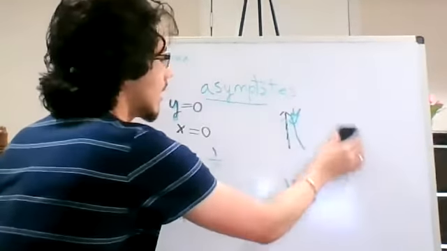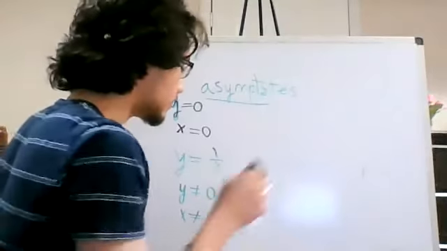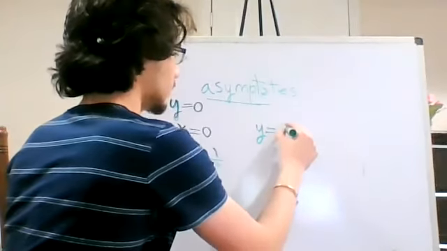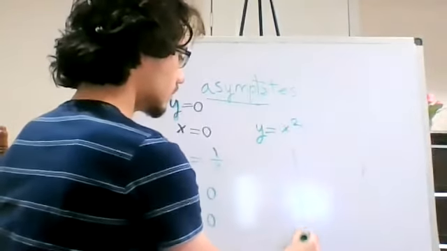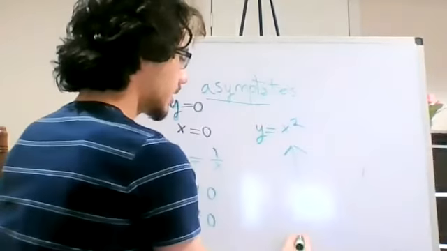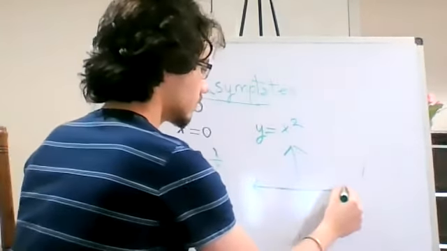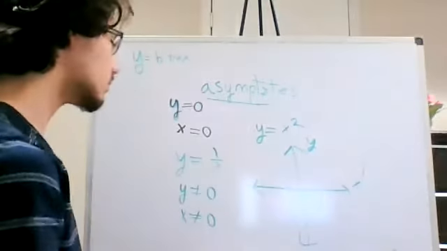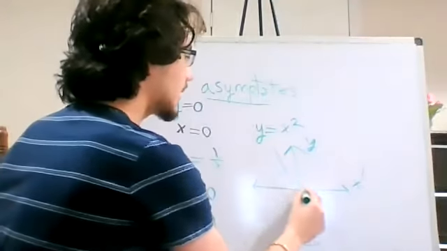In the case of y equals x squared, where we had our function y and x, we had our function look like this.